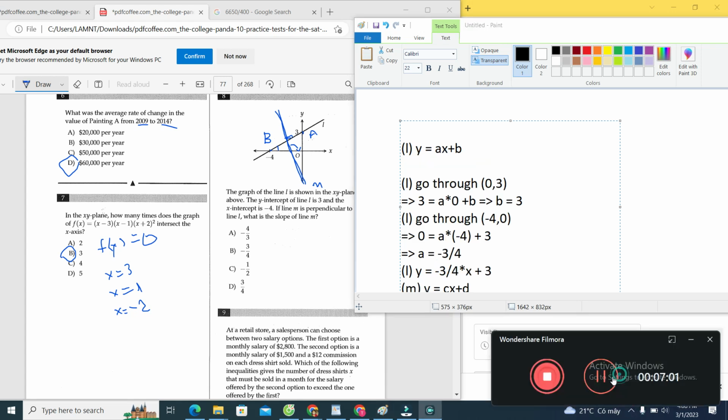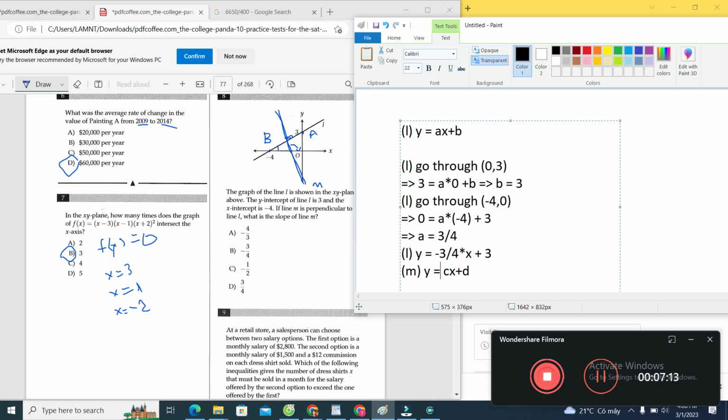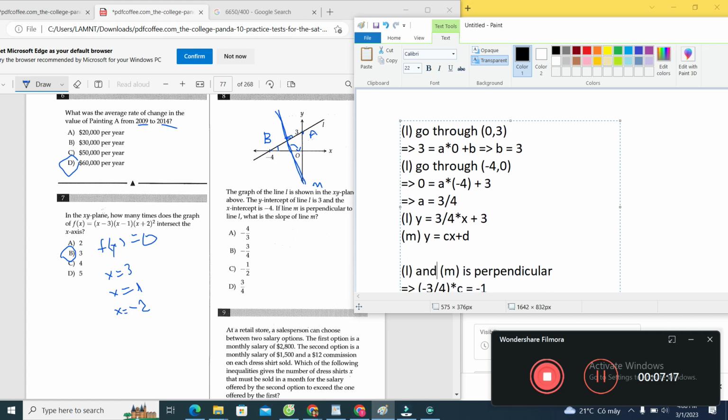Okay, sorry, we have a miscalculation here. a here is 3/4, that was a mistake on my side. So a is 3/4, because 3/4 times minus 4 is minus 3, and minus 3 plus 3 is 0.